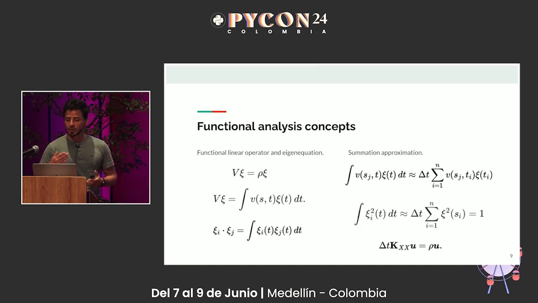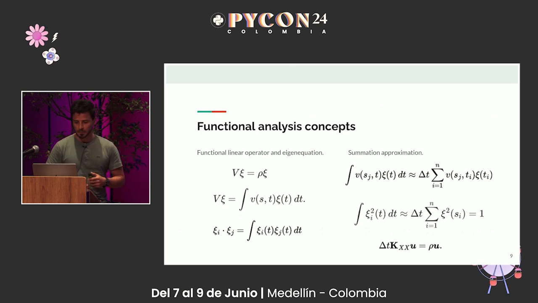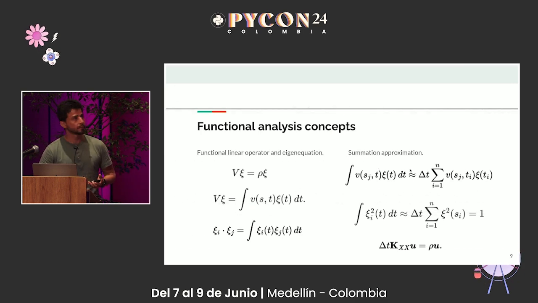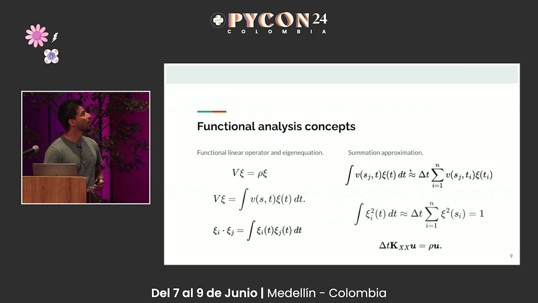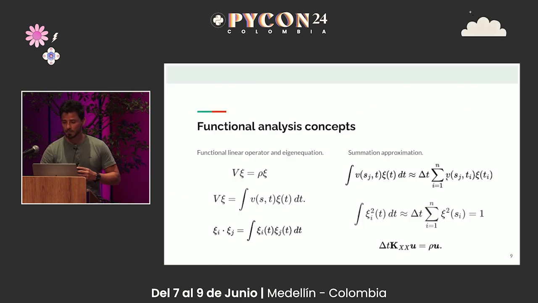So we can approximate this using a summation approximation, where, as you have seen in some of your courses on calculus, you can assume a constant time step or domain step and take it out of your summation formula, and you get this one, for example.